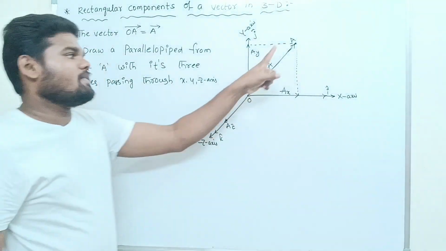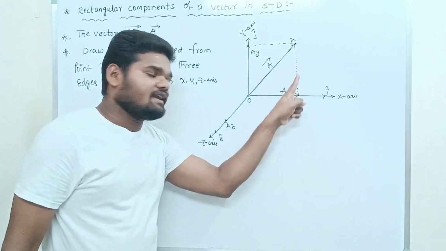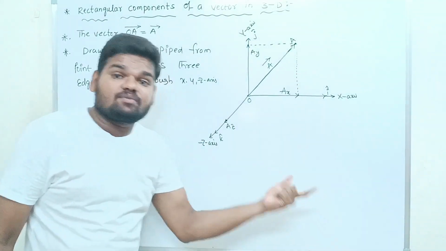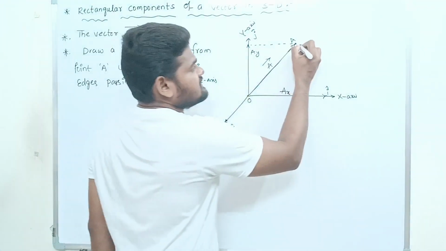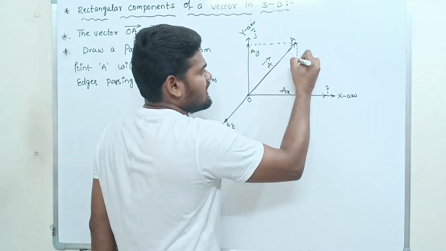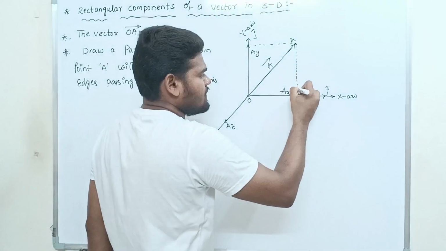So I'm drawing a parallelepiped from point A. Its edges must pass through the x, y, z axes. Have a look. So this is point A, and from point A, I'm going to draw the parallelepiped.